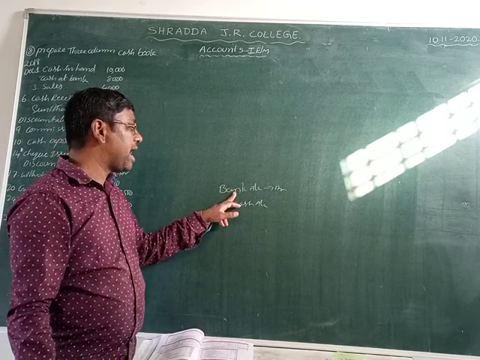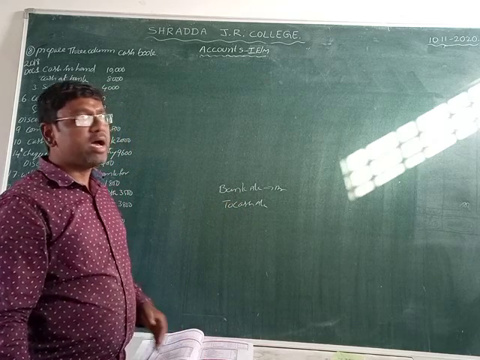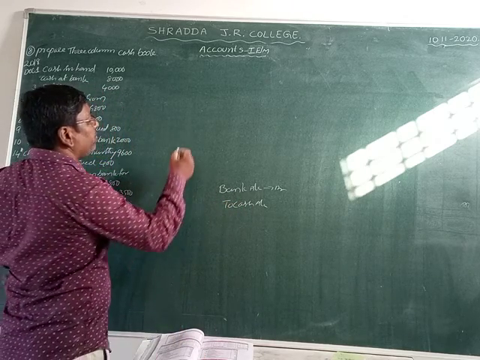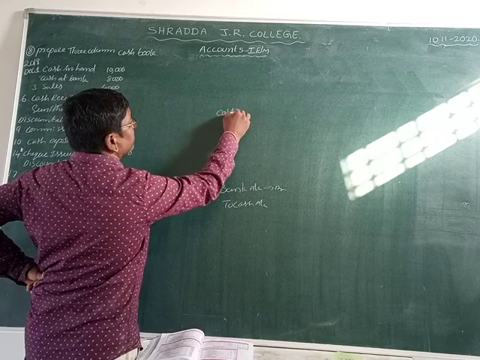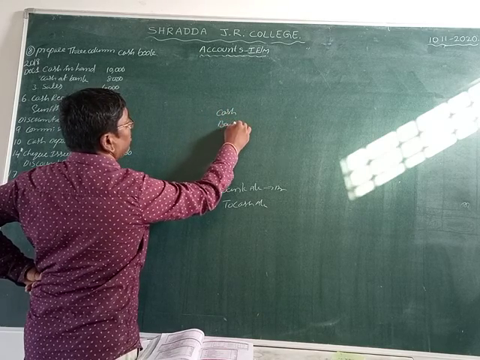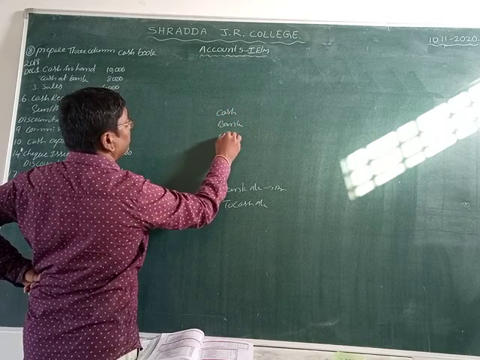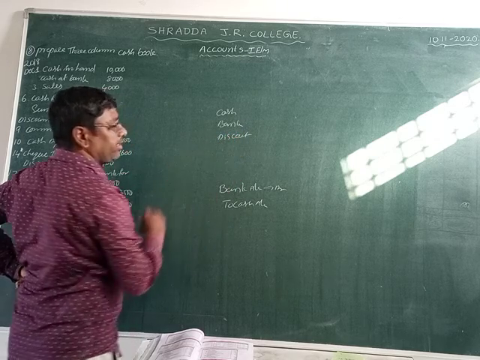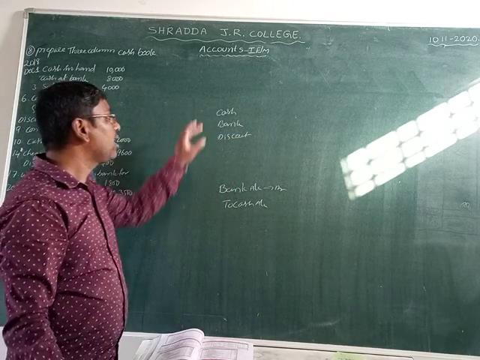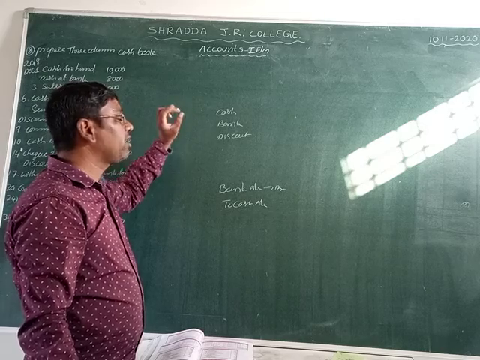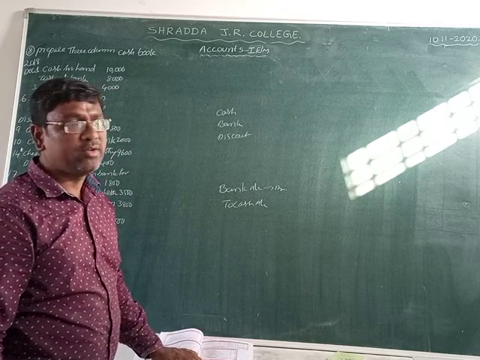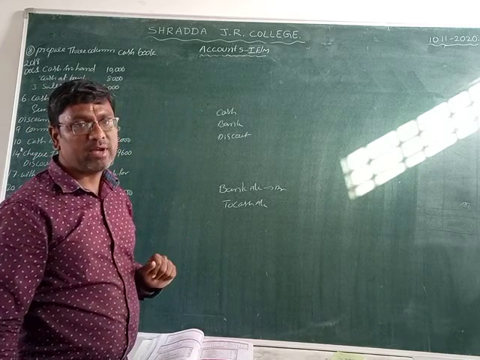Here both bank and cash are there. In the three column cash book we are recording the cash account, the bank account and the discount account. That's why it is the three column cash book.